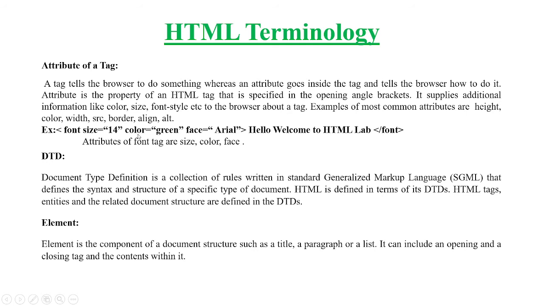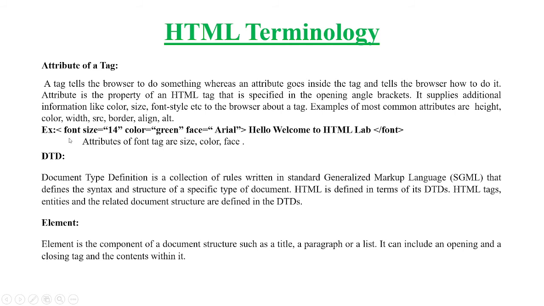For the color attribute, the value is green, and for the face attribute, the value is Arial. Within this font tag, there is embedded text, that is hello, welcome to HTML lab, and there is a closing font tag. So size, color and face are the attributes of the font tag.